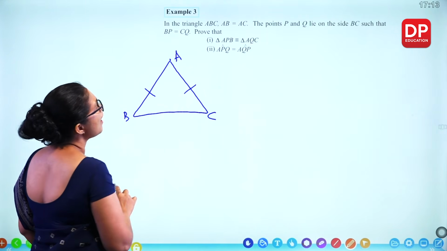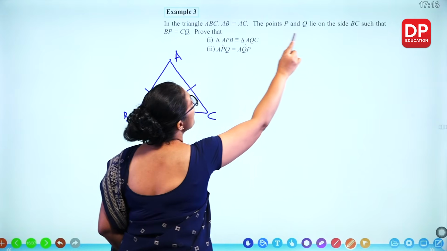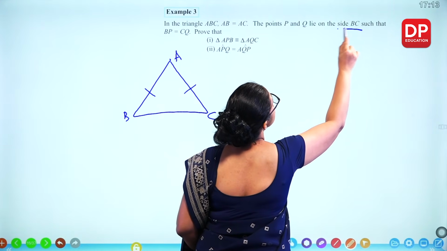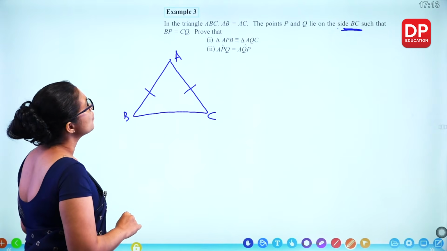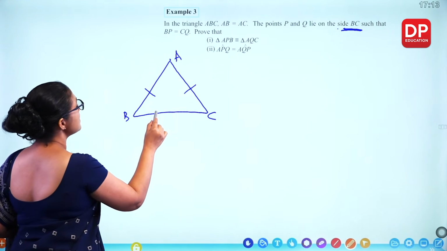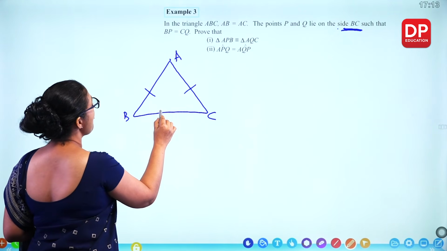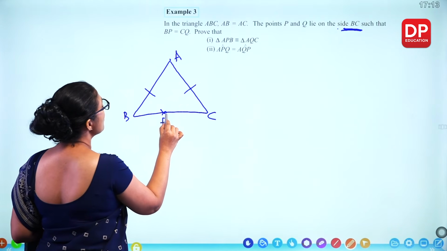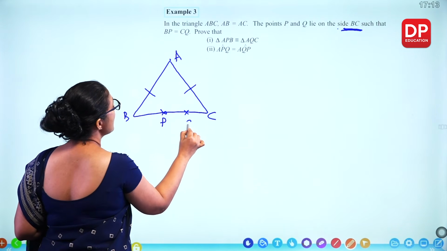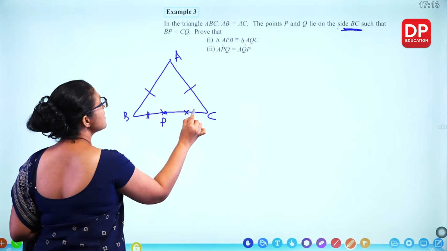So both points are on the BC line. So here the condition is BP, if it's P here, BP and CQ. So we'll take Q as this one. These two lengths are equal.